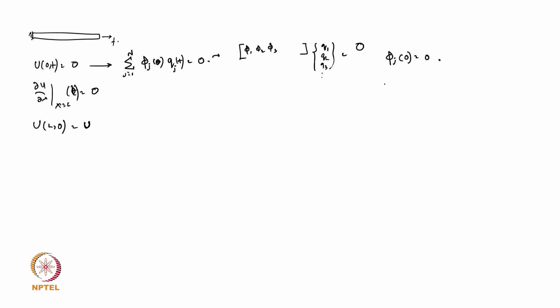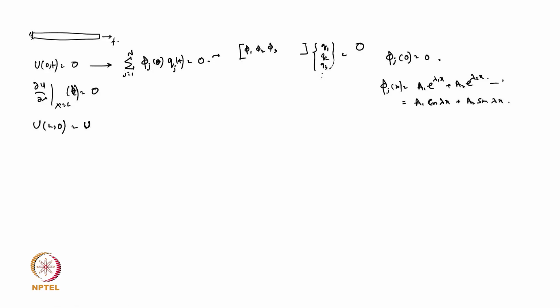We can assume that the solution phi jx is like a1 e to the power of lambda 1x plus a2 e to the power of lambda 2x, or we can assume a1 cos lambda x plus a2 sin lambda x. Those two ways we can assume.